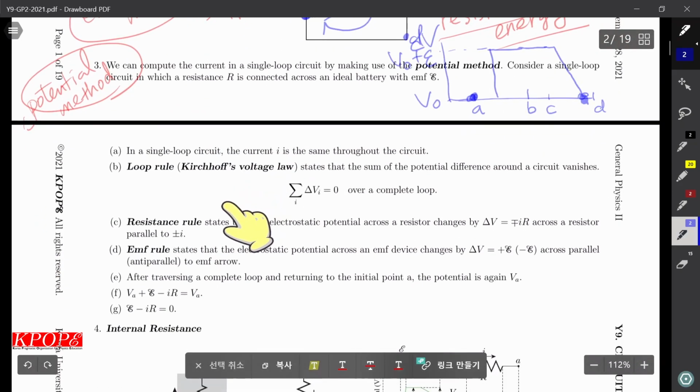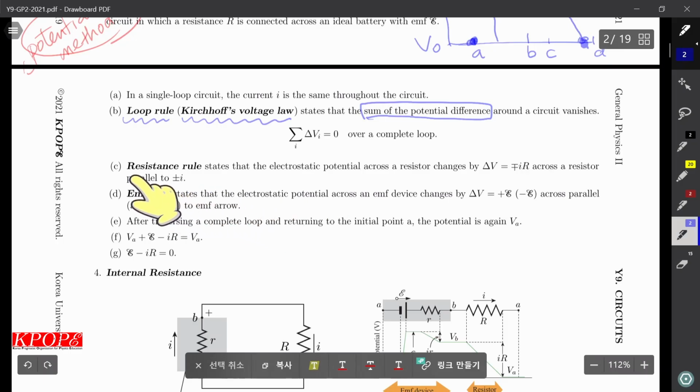That is called the Kirchhoff Voltage Law, or loop law. It states that the sum of the potential differences around the circuit, the total net potential difference around the circuit, vanishes.